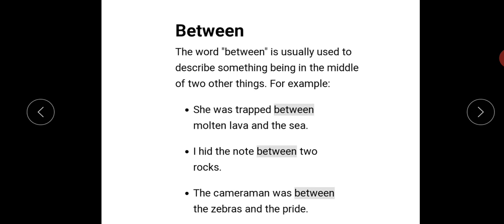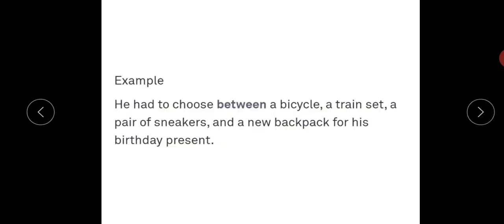But as I told you, it is a common misconception that between is used with only two things. But that is not the case, you should understand. In fact, it can be used with 3 or more things as long as they are separate and distinct. Clear? For example, you can look at these sentences.